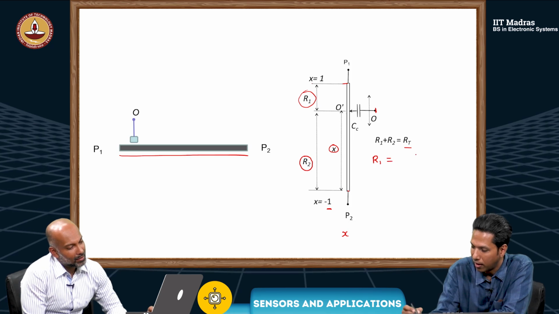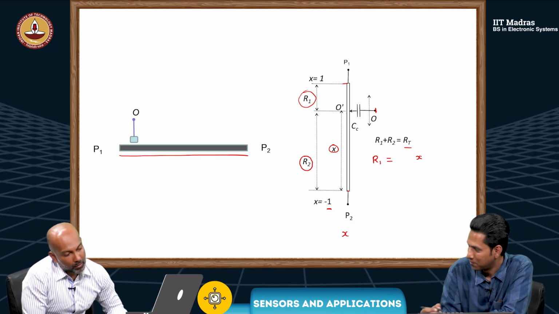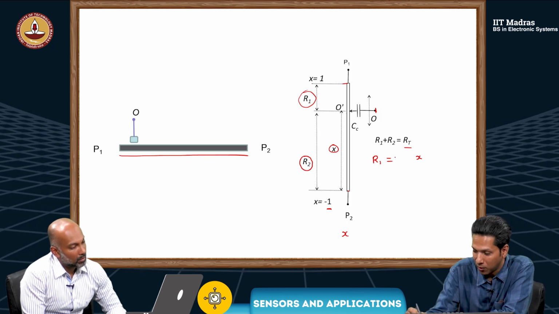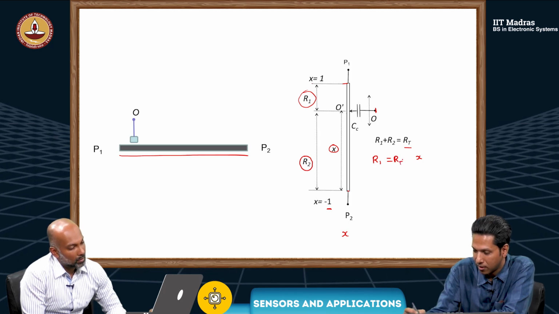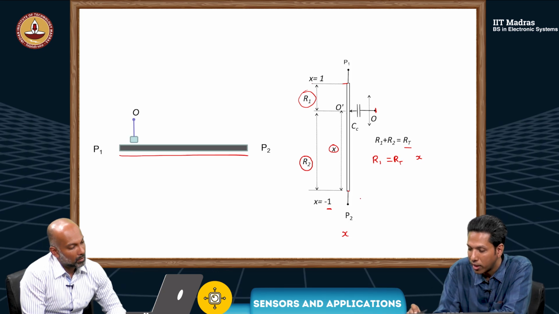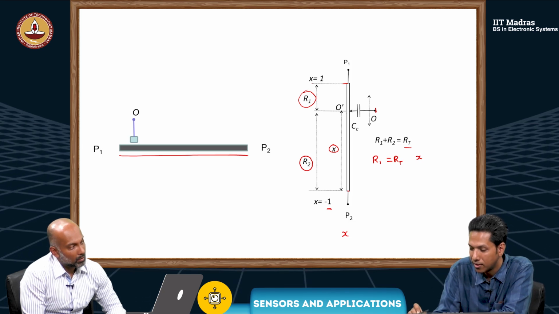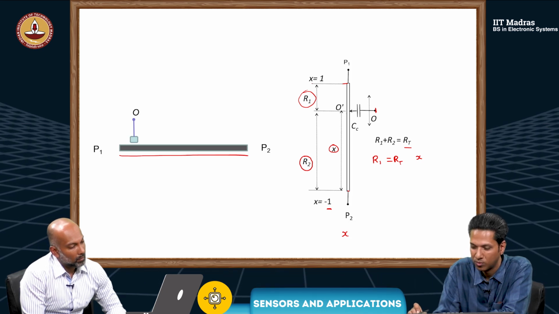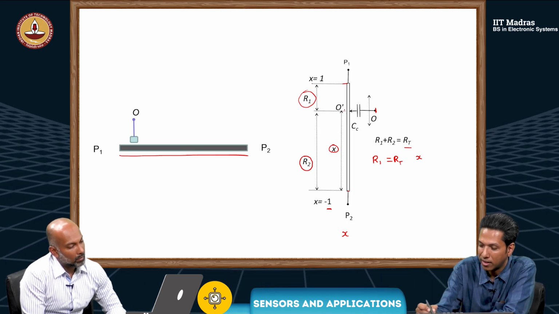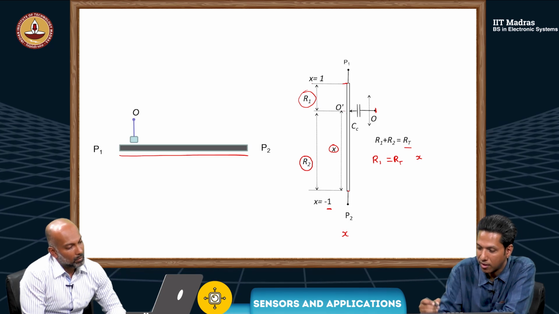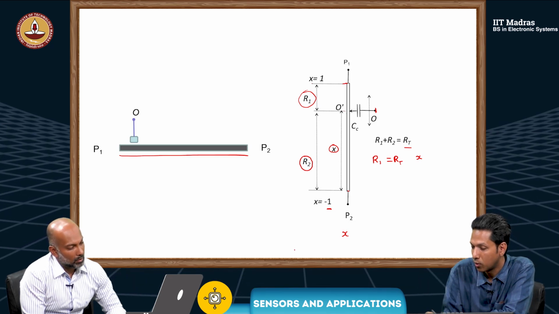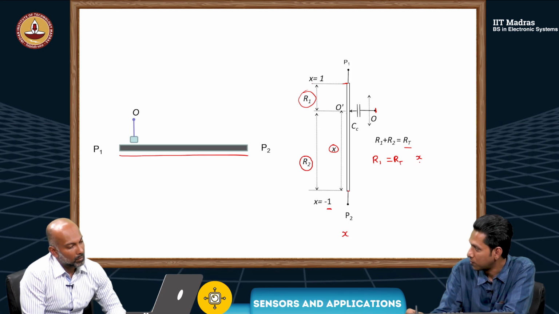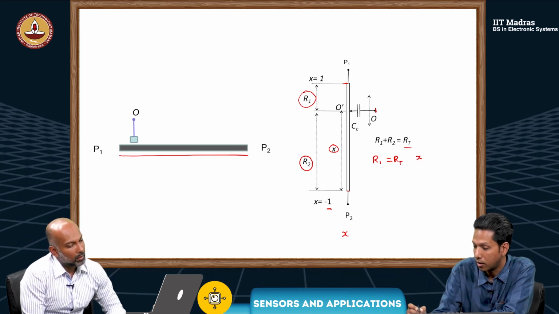So I want definitely X. RT also we know. RT into X. Is there a possibility? No. Or let's see, if the wiper is here, R1 is 0. Yes. But X will be 1 at that time. Correct. So R1 will be RT is wrong.